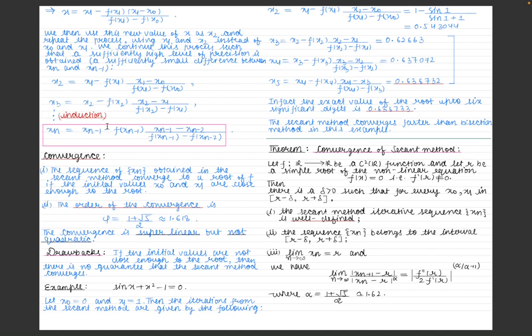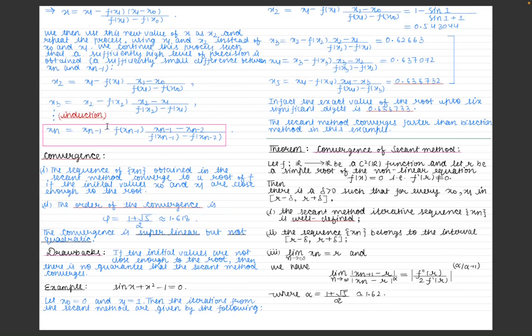You solve it, and you will get somewhere around 0.543044. Similarly, your x3 will be x2 minus f of x2 times x2 minus x1 upon f of x2 minus f of x1. If you plug in the values, it will be 0.62663.